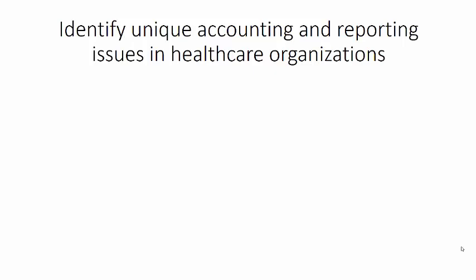If the organization happens to receive grants or gifts in order to help the entity cover or pay for the cost to provide charity care, then that needs to be disclosed separately.